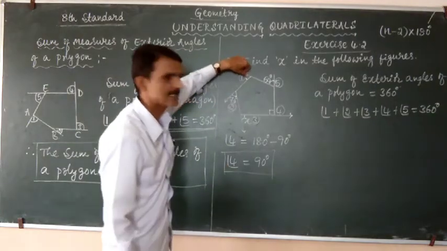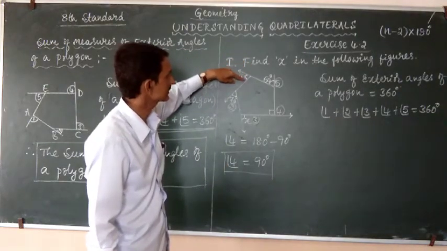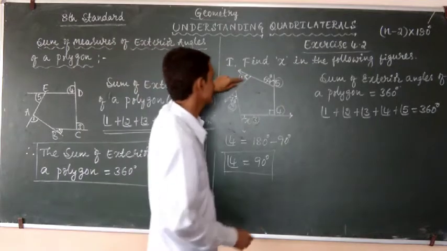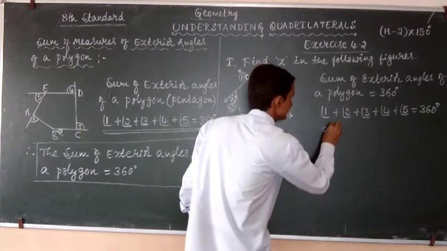Angle 1, observe the figure, is marked with the right angle symbol. Therefore it is 90 degrees.